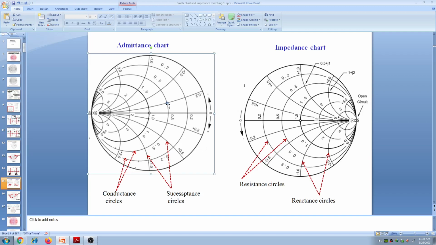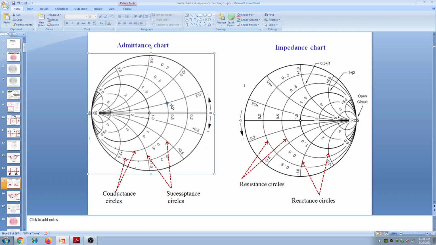So what is the admittance here? You can say y is equal to, what is the conductance value? 0.5. Susceptance value is minus 0.2. So it is 0.5 minus 0.2j. Like that, you can read the admittance here.